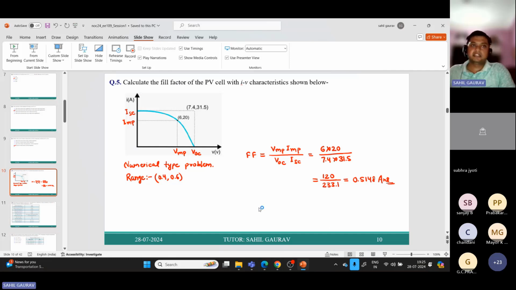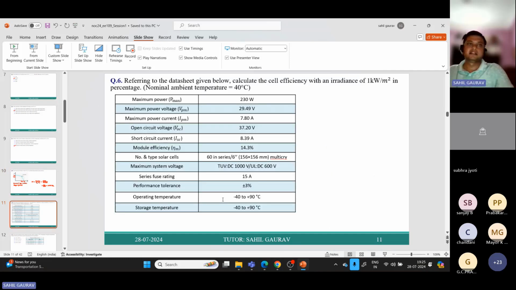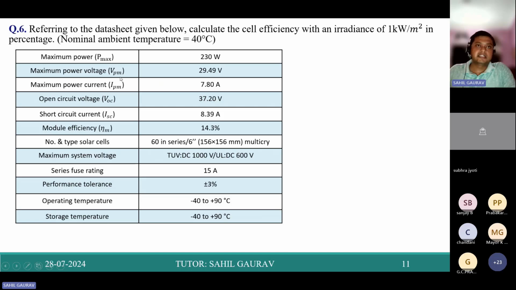So let us come to the next problem. That is question number 6. Referring to the data sheet given below, calculate the cell efficiency with an irradiance of 1 kilowatt per meter square in percentage. Nominal ambient temperature is 50 degrees Celsius.